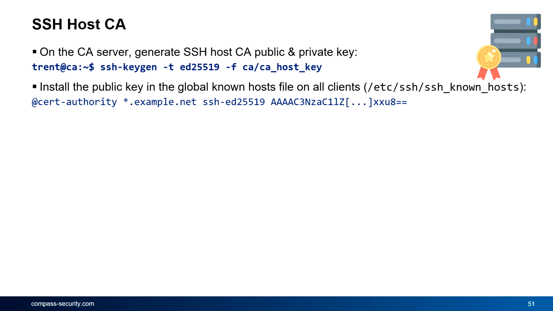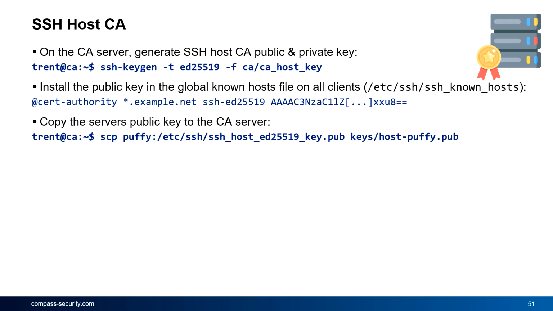By default, this is in /etc/ssh/ssh_known_hosts. Then you specify with @cert-authority that this is a public key of a CA. Then for which host names this public key is trusted, in this case for all host names in the example.net domain, and then the public key itself.